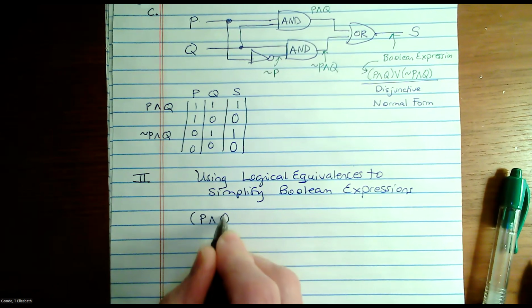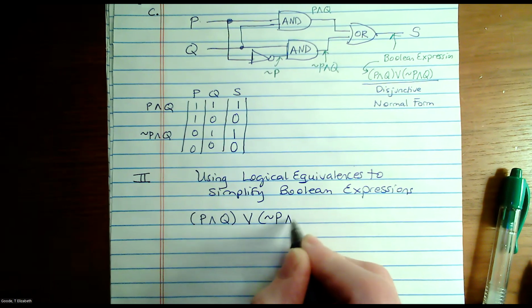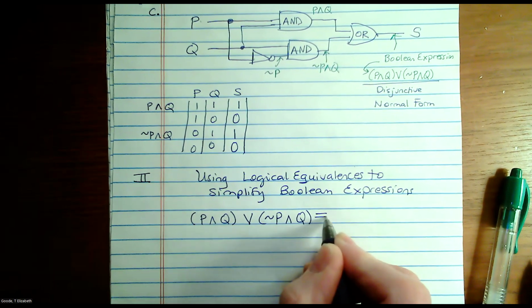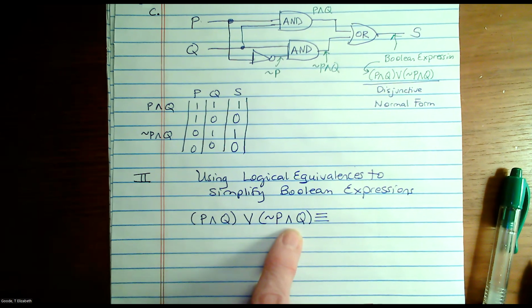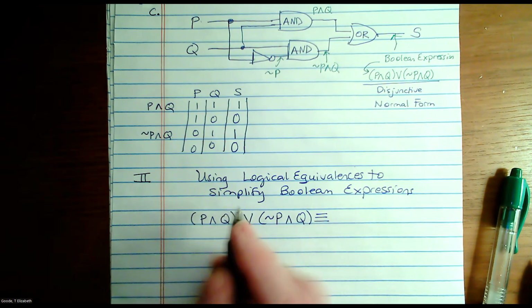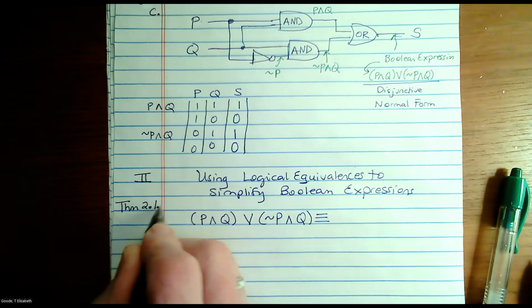P and Q, or not P and Q. Now, there's a distributive law that says or distributes across and. You can check Theorem 2.1.1, it's in section 2.1.